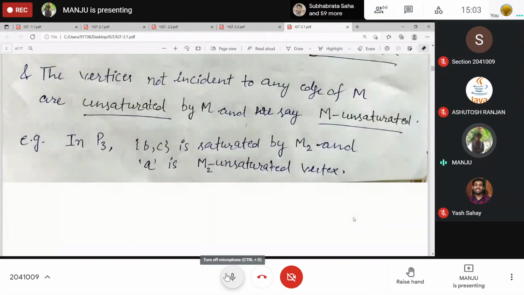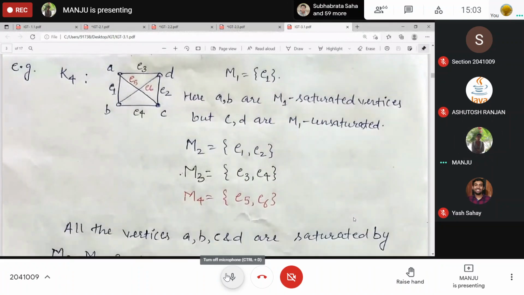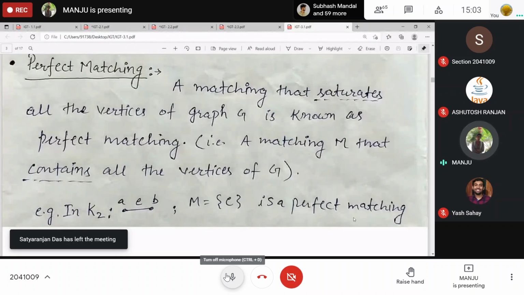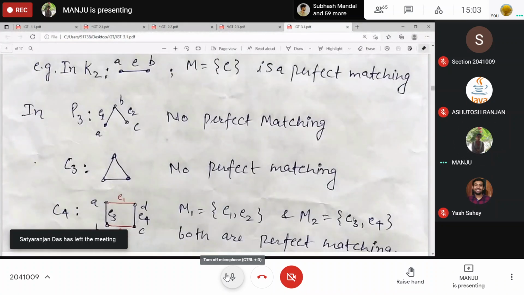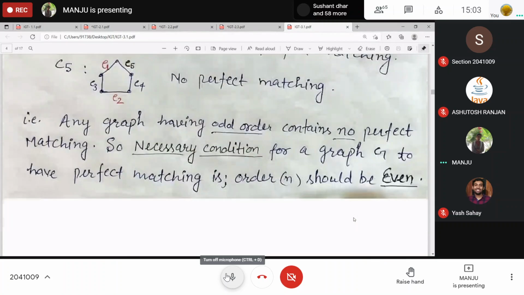Then you have this one. Perfect matching. Example of perfect matching. This one.